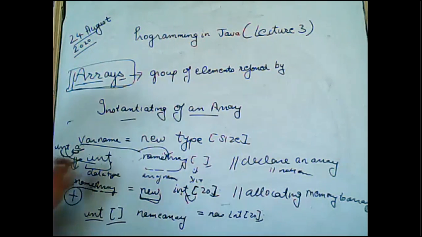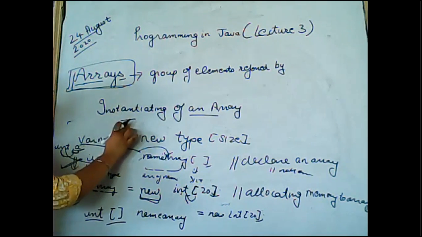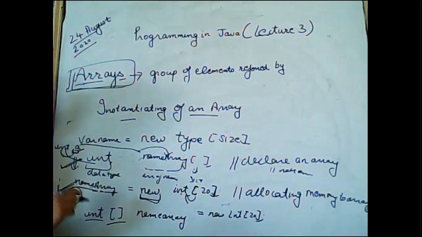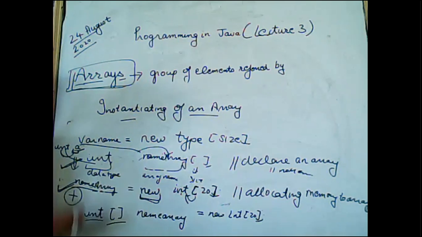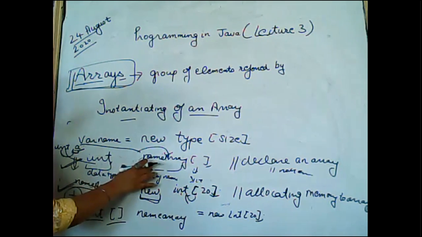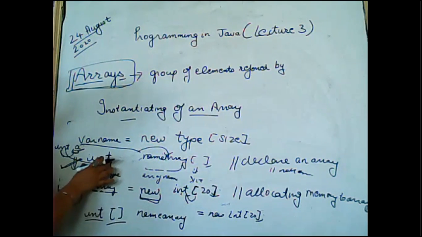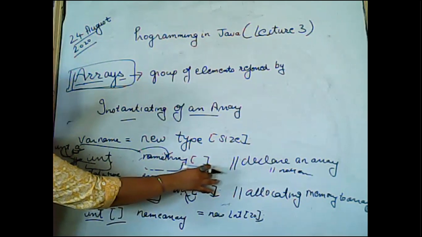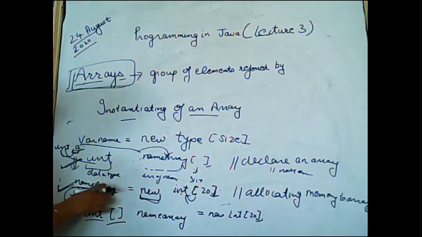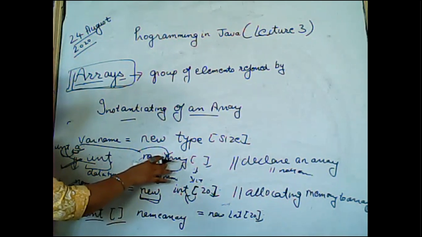What I want to show you is the instantiation of an array. If we are saying that an array is an object, how can we declare that? The first step is to declare an array. What is the method? Just define the data type and the array name with the brackets. The second step is that here you are just declaring an array, so no memory allocation is there.